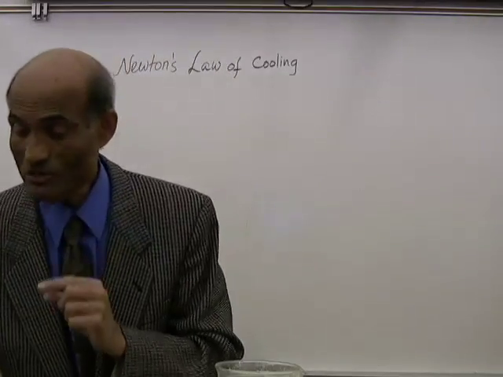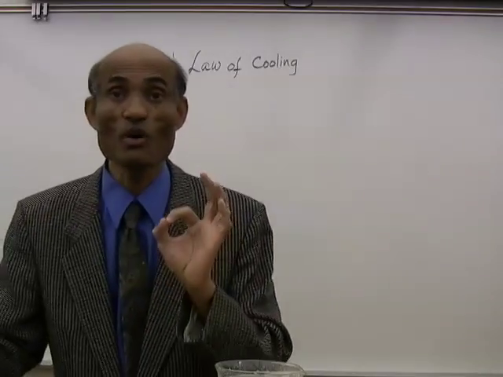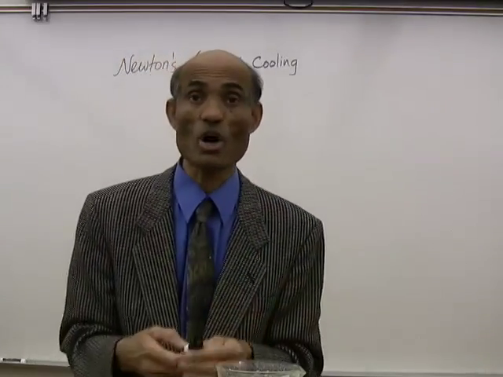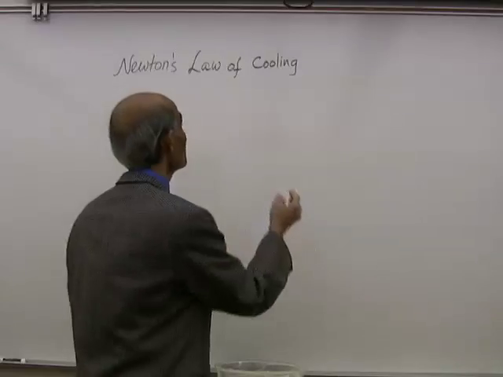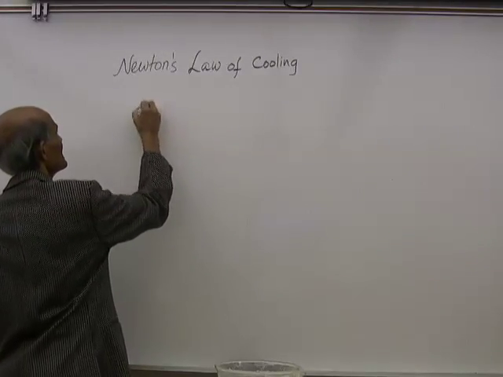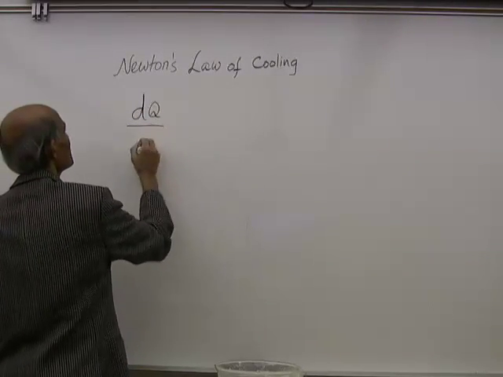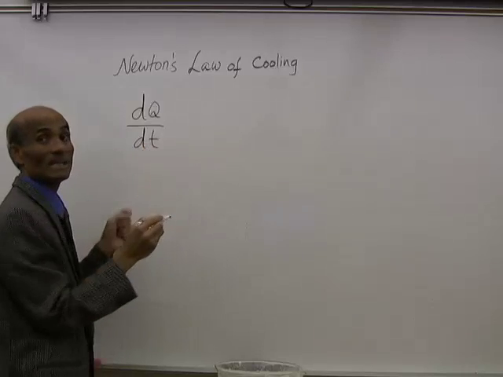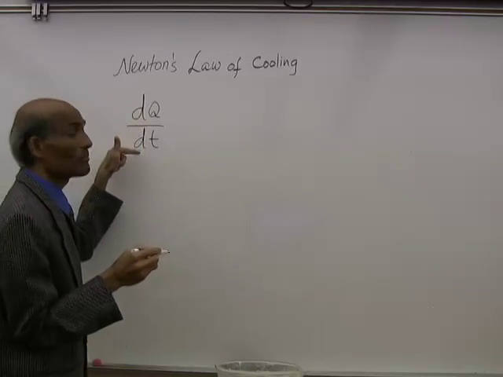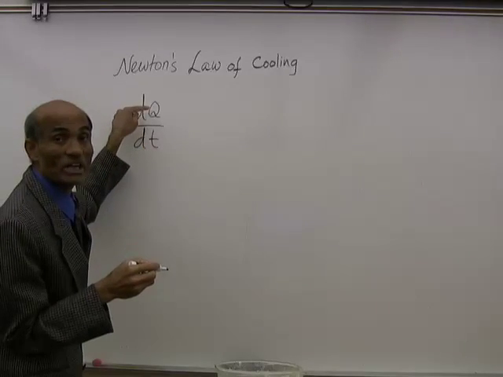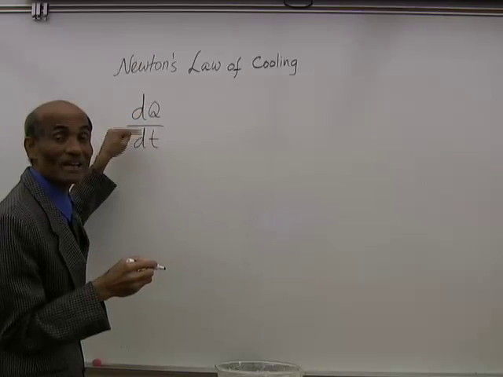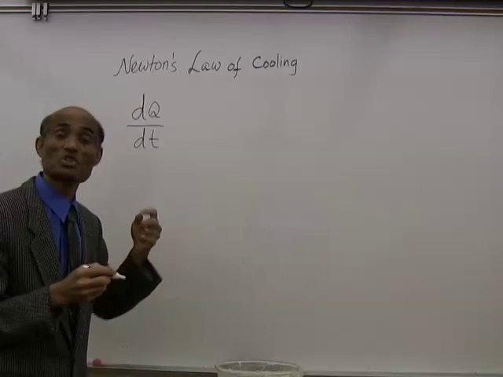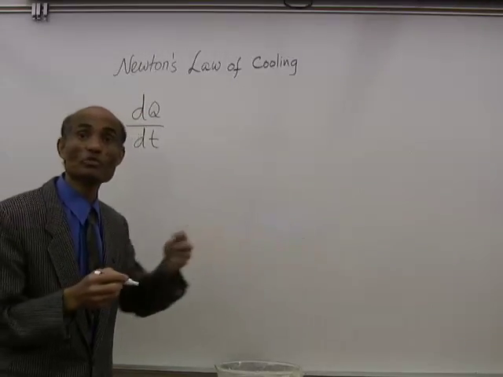Now, what are the factors on which the rate of cooling depends? What does rate of cooling mean? Well, I'm going to write dQ divided by dt, the amount of heat lost per second, the rate at which an object loses heat.